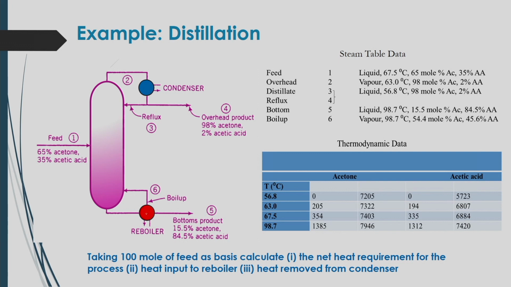And from this bottom part, one reboiler is used to send a certain amount of that product back to the distillation column for the distillation process again. So, in this way the distillation column is continuously operated, and in this case you have to calculate the net heat required for the process, and also the heat input to the reboiler and the heat removed from the condenser.